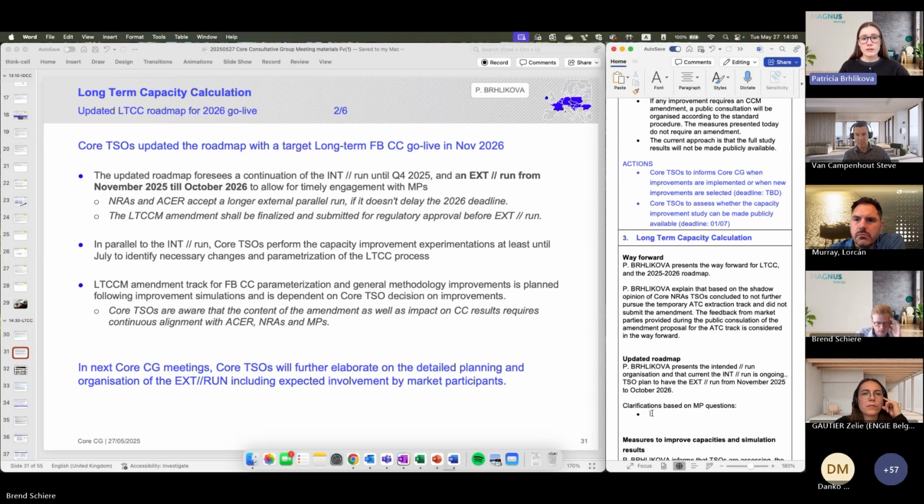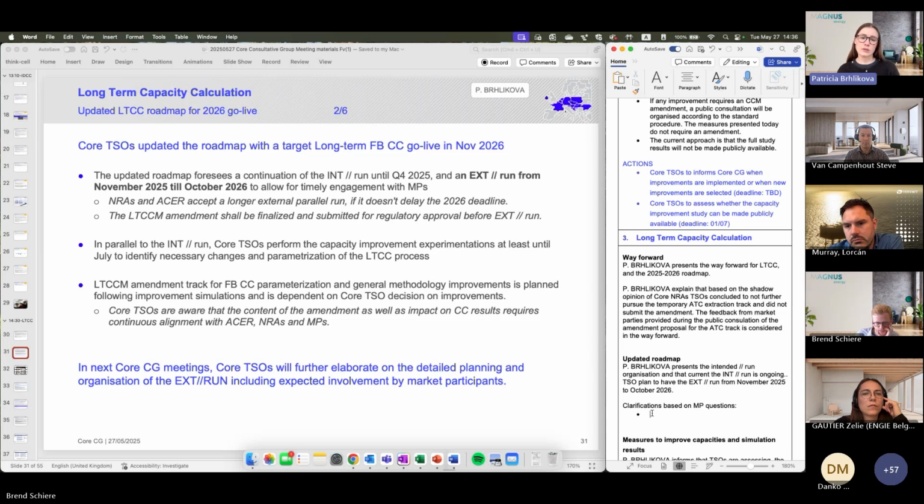The feedback from ACER and NRAs is supportive of this prolonged external parallel run if it doesn't delay the 2026 go-live, which is I would say the main focus and the main deadline. And also the LTCCM amendment is somewhat dependent on or connected to the external parallel run start.